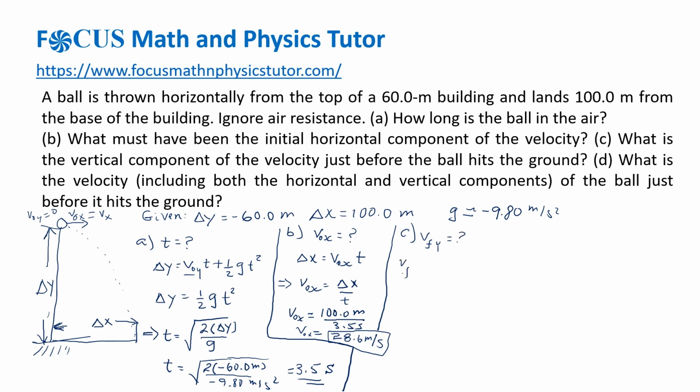And v final in the y direction is equal to v naught y initial plus g t. So v final in the y direction is 0 plus negative 9.80 meters per second squared times the time, which is 3.5 seconds.